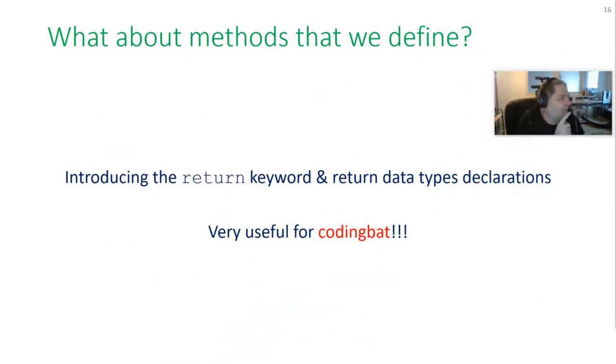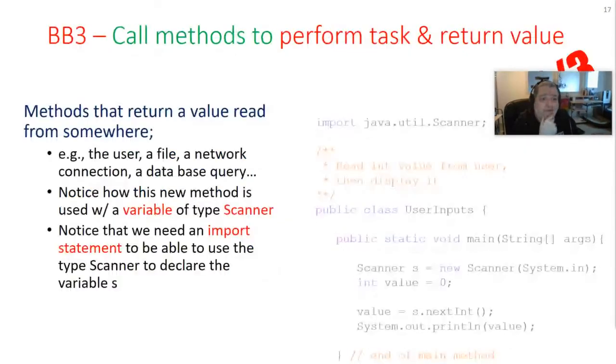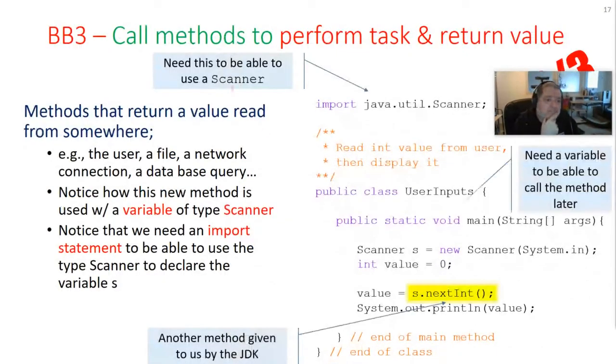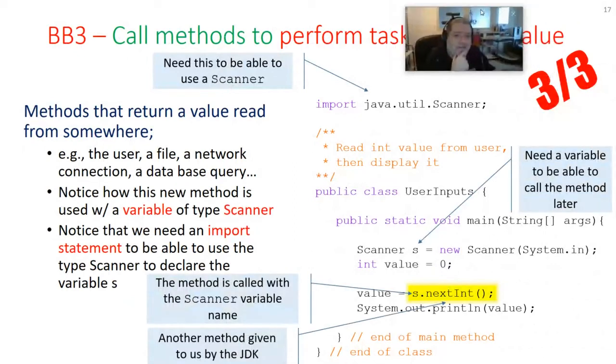Before we jump into that, which I'm going to do in entirely live coding, let me show you one more thing, the third type of method that you can call. We could have done without this one, honestly, but I want to be thorough. The first type is you call a method and it does something, for example, display stuff on the screen.